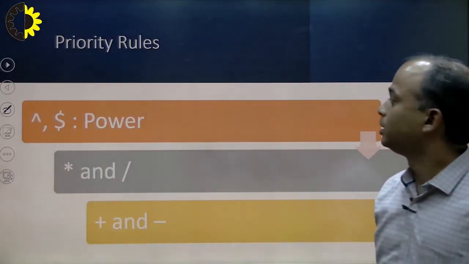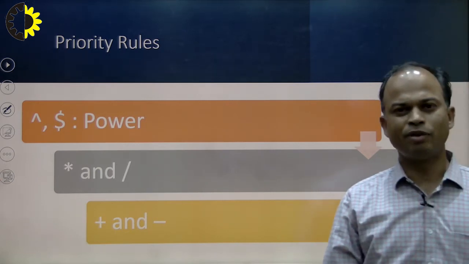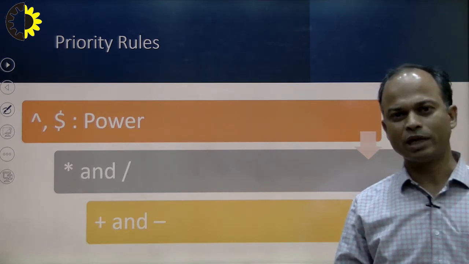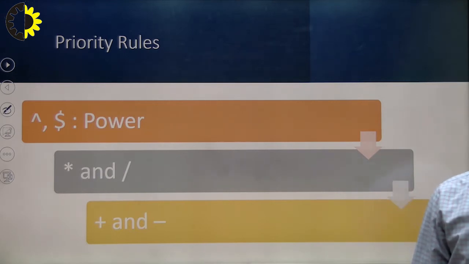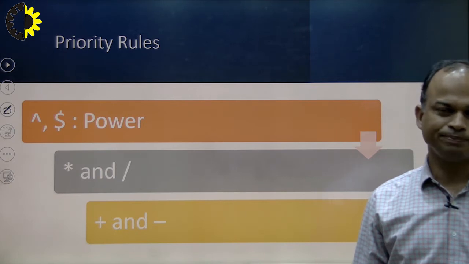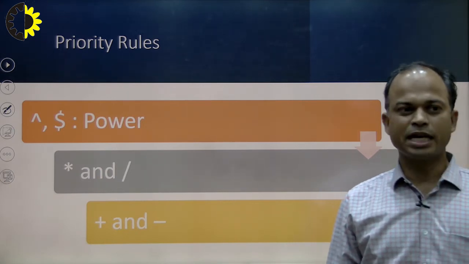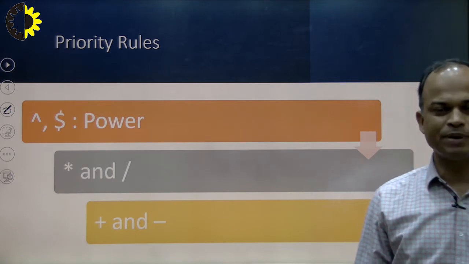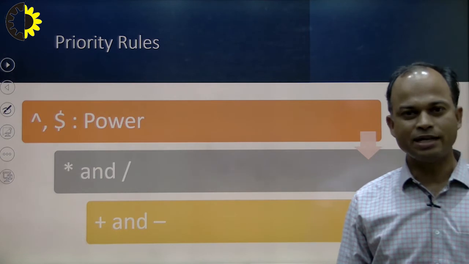If we talk about the conversion rules, how we can convert one notation into another notation, we have the following priority rules. First priority is given to the power symbol. Second priority is given to multiply and divide, the same priority for both.